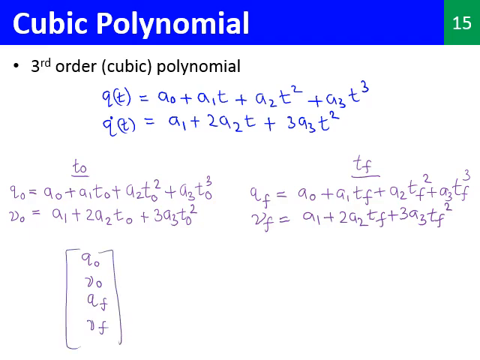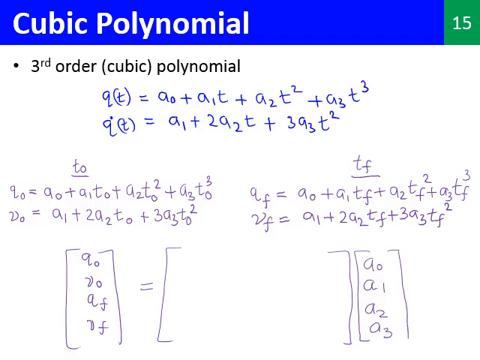Okay, so that is equal to the coefficient vector a0, a1, a2 and a3, which is what we need to figure out, and the matrix is going to be 1, t0, t0 squared, t0 cube.